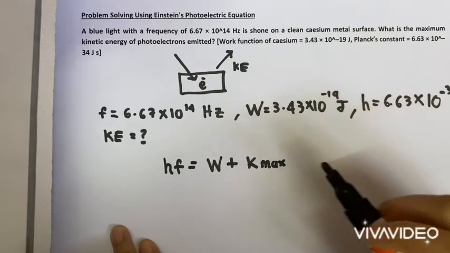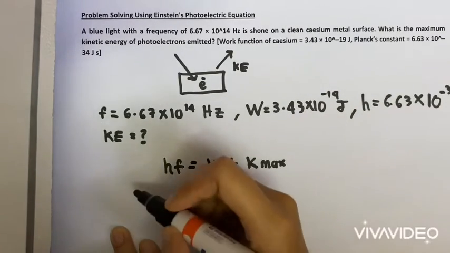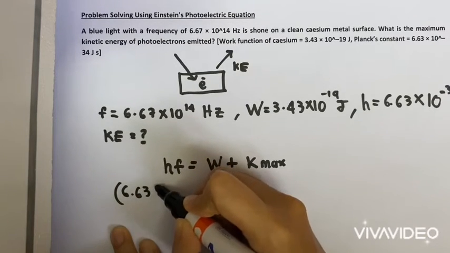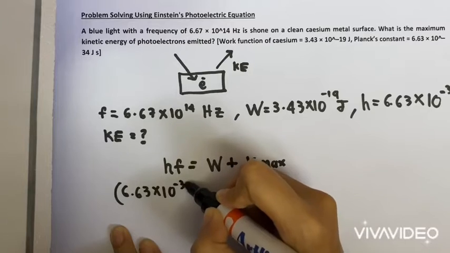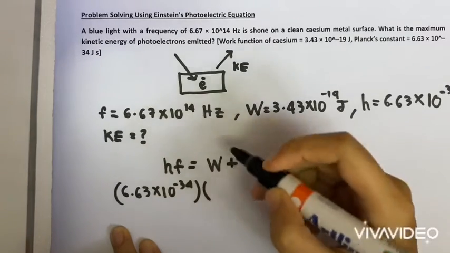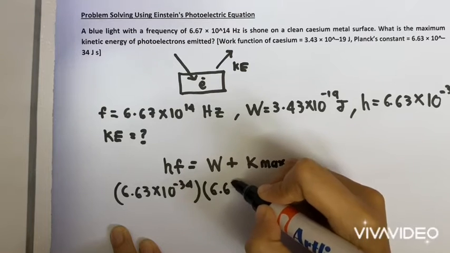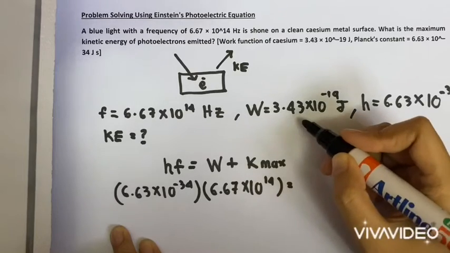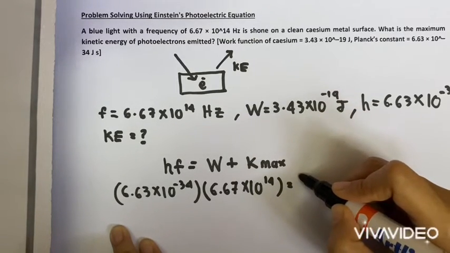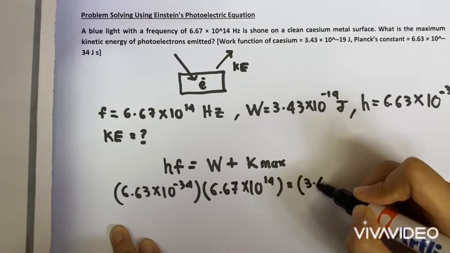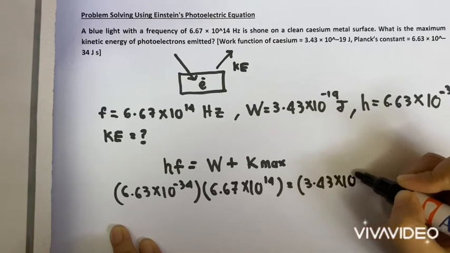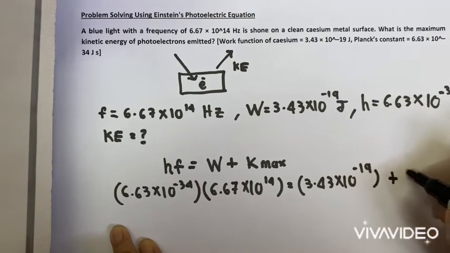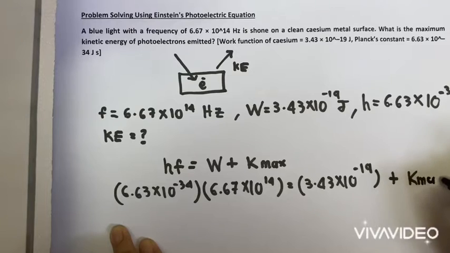We already have H here, so we substitute into this equation: 6.63 times 10 power of -34 times frequency 6.67 times 10 power of 14 Hz equal to work function, 3.43 times 10 power of -19 joule, plus K max. So we want to find K max.